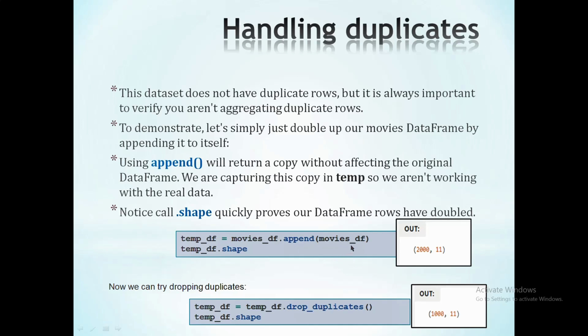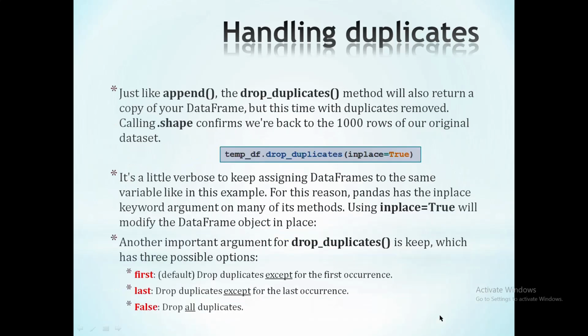So it will create all the data twice, which will lead to duplication. When I use the shape function, the columns will be 11 only, but the rows are duplicated. Now it is showing 2000; earlier it was showing 1000. Now, if I apply the drop duplicates function to the temp data frame and then use the shape function, it will drop the duplicate rows which are repeating.